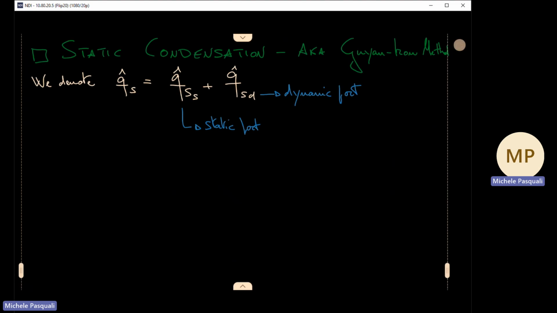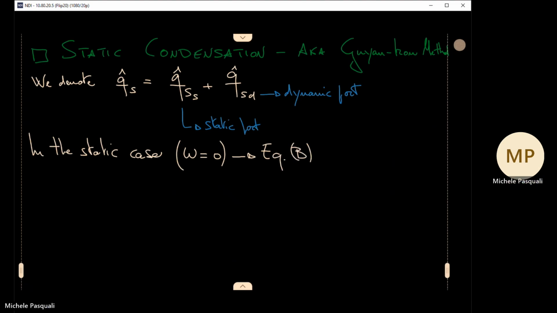Now, in the static case, of course, omega is 0, no? The frequency is 0. And therefore, equation B reads what?